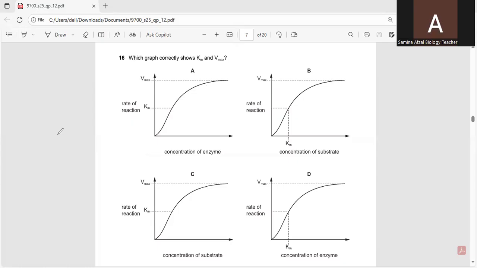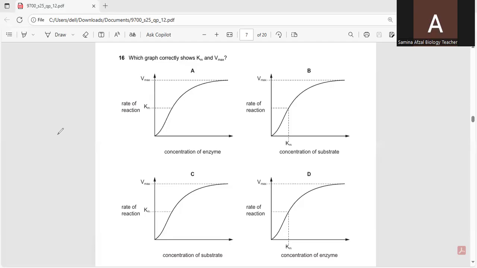So first of all, you know, the enzyme is a biological catalyst, and the substrate is a molecule on which an enzyme acts. V maximum is the maximum rate of reaction when all enzyme active sites are saturated with substrate. So at this point, adding more substrate will not increase the reaction rate.